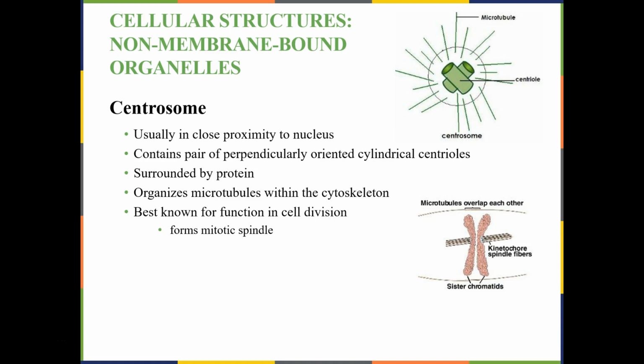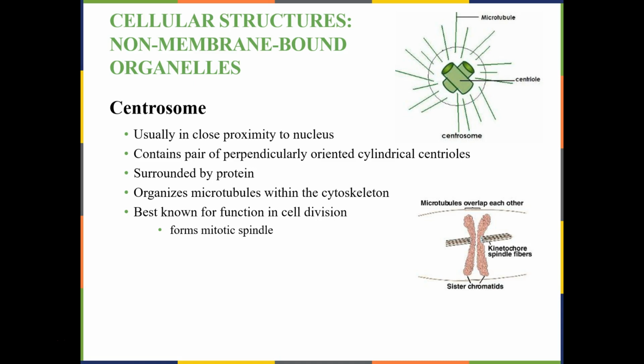Cytoskeleton also functions in movement of DNA. And so here we have, the entire thing is called a centrosome, but they're composed of centrioles, and centrioles are made up of microtubules. Microtubules are part of the cytoskeleton. So the centrosome is actually, in a nutshell, part of the cytoskeleton.